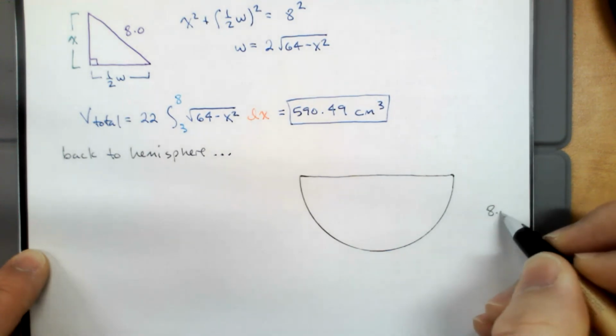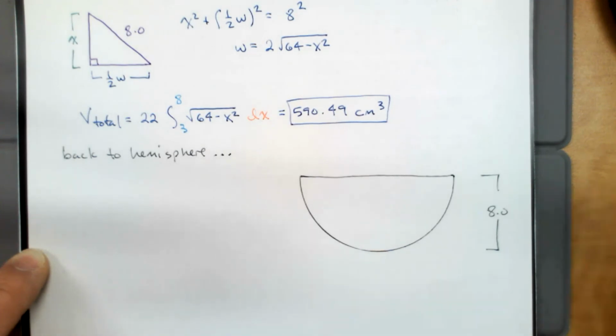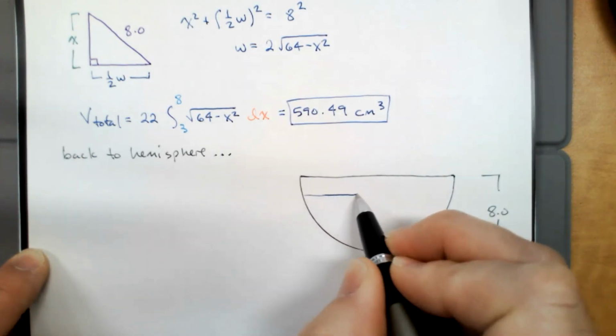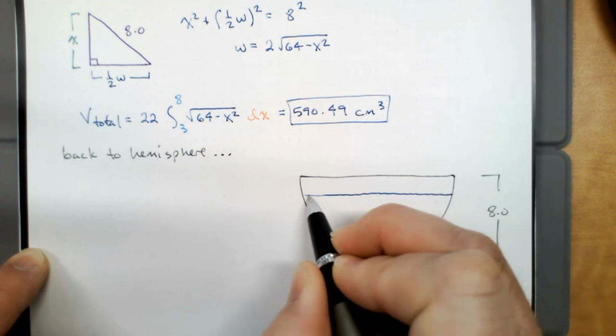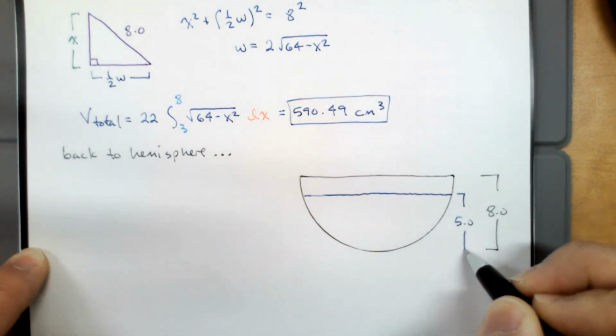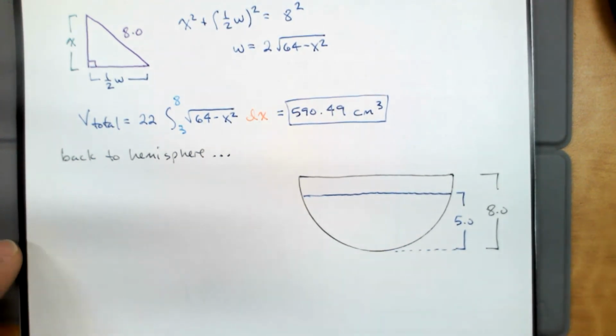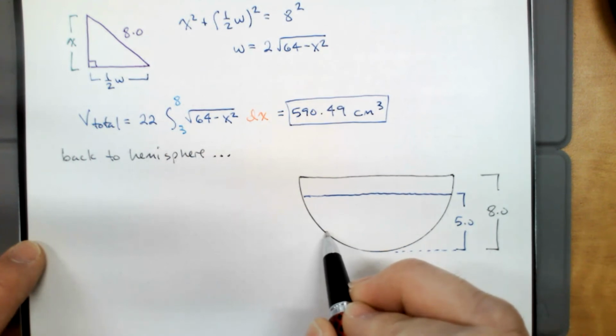So this is still 8. I'm going to put some more water in the bowl. And it's still 5. We're going to make a slice down here.